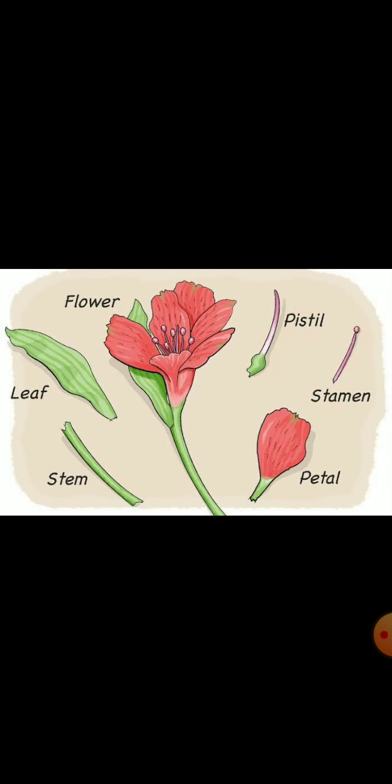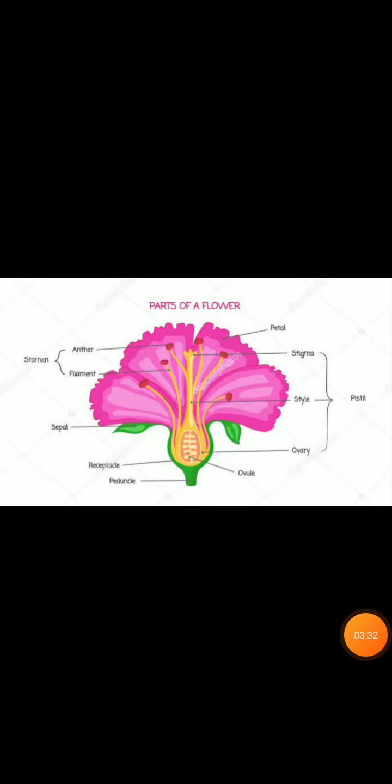What are the functions of the other parts of the flower? Let us once again recall. Let us start with petals. What are petals? They are the colored part of a flower which attracts the insects. Then look at the sepals, which are green in color.